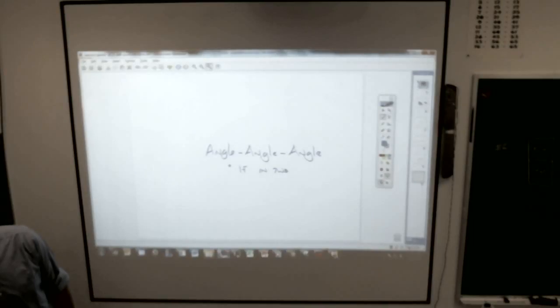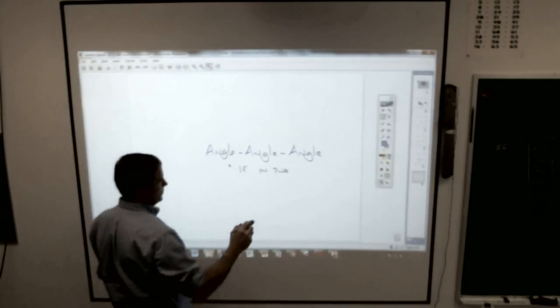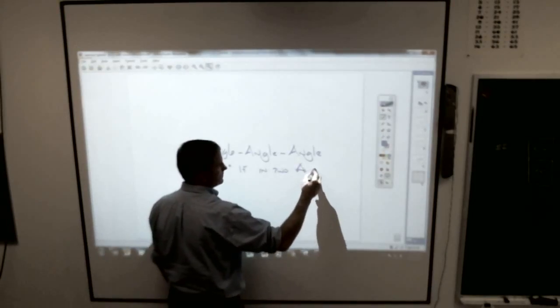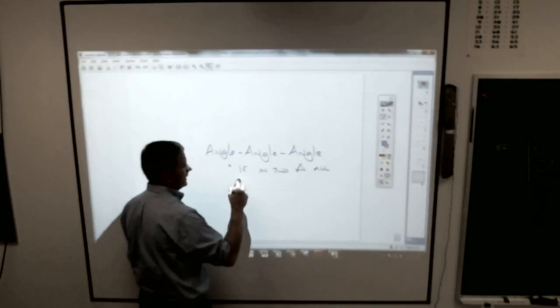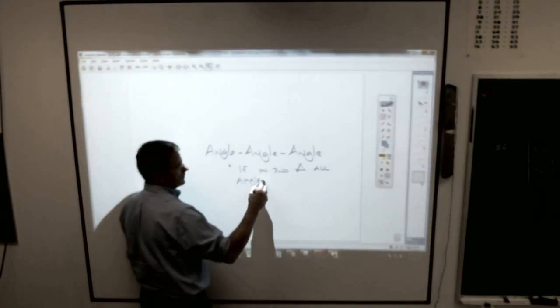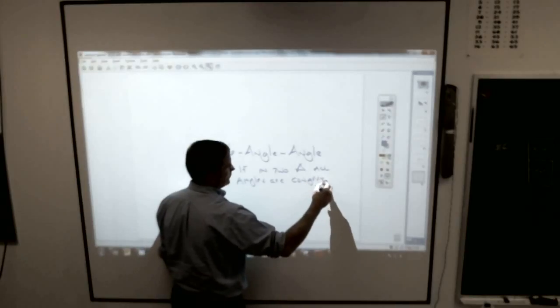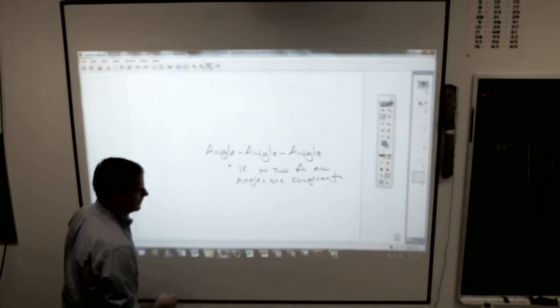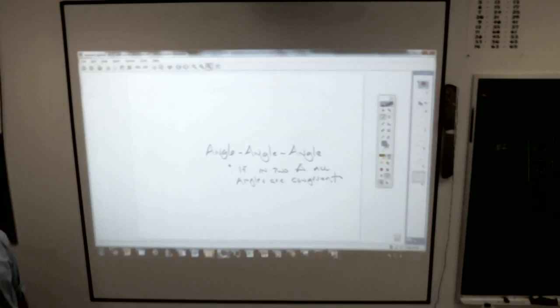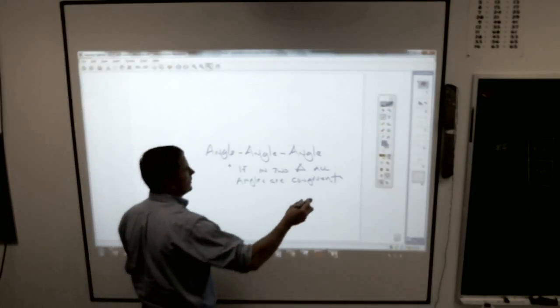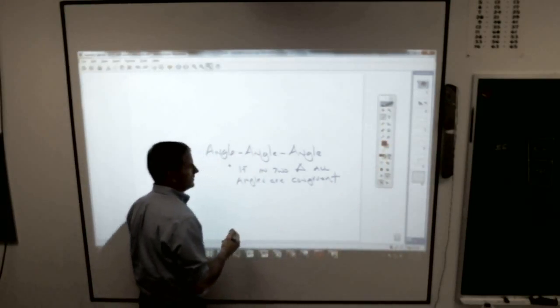If in two triangles all angles are congruent, or exactly the same, what's going to be true? If you have two triangles and all the angles in both of them are congruent, wait, equilateral? No, we're not, but it means, I guess I said that wrong.